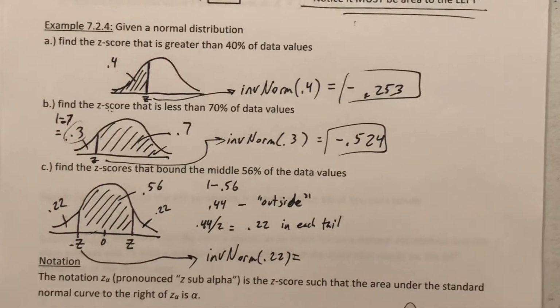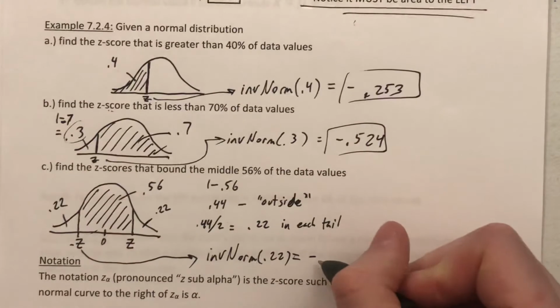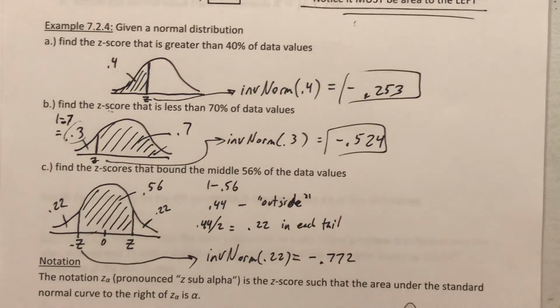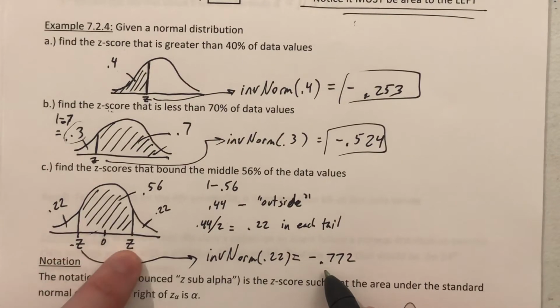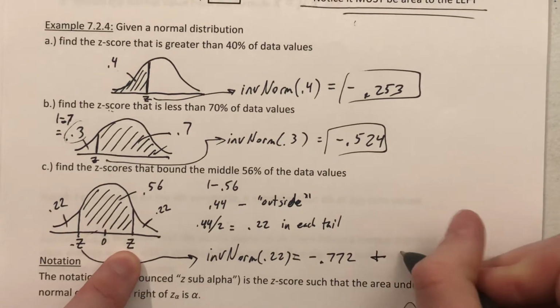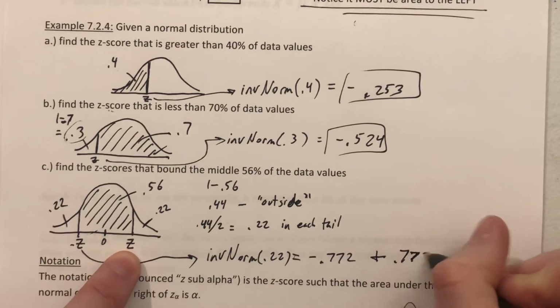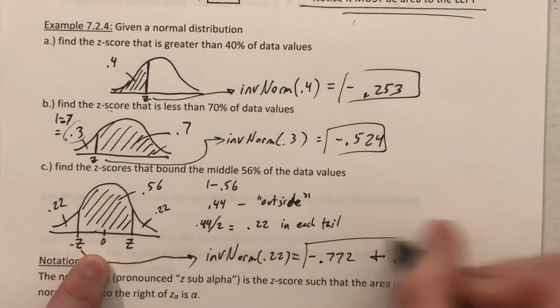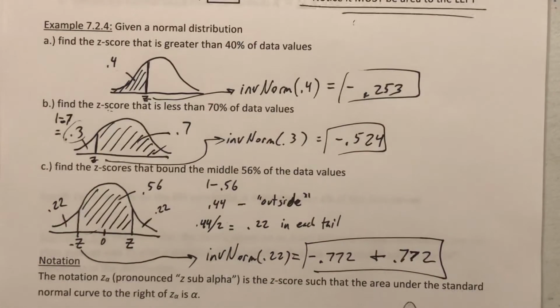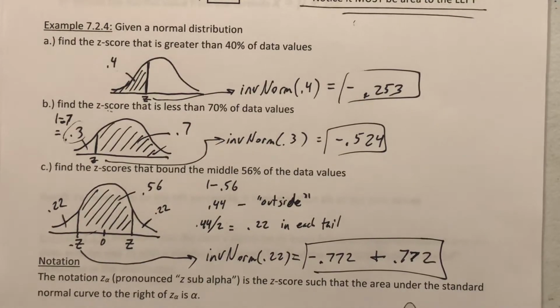We can just throw 0.22 into our inverse norm and get a negative 0.772. And that was the negative, which makes sense, negative z-score, which means we also know that 0.772 would be the z-score for our positive z-score. And there are two z-scores that bound the middle 56%.